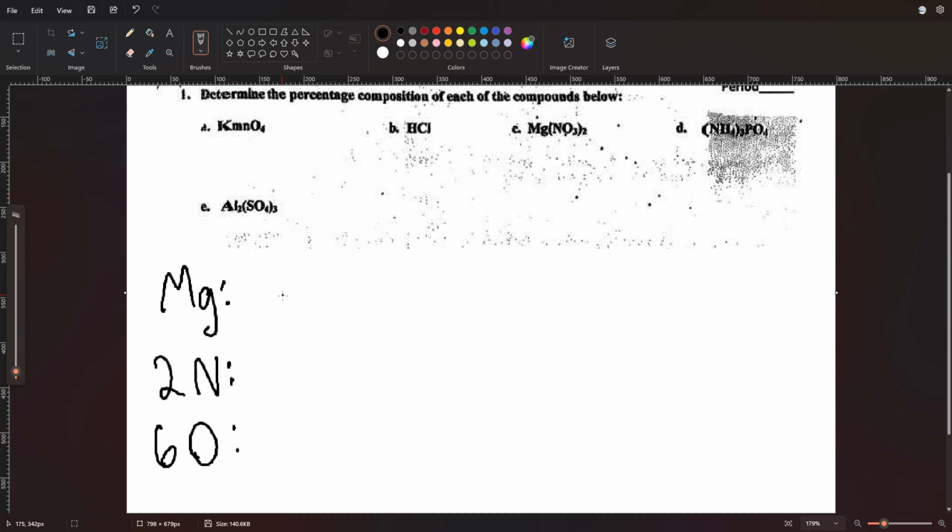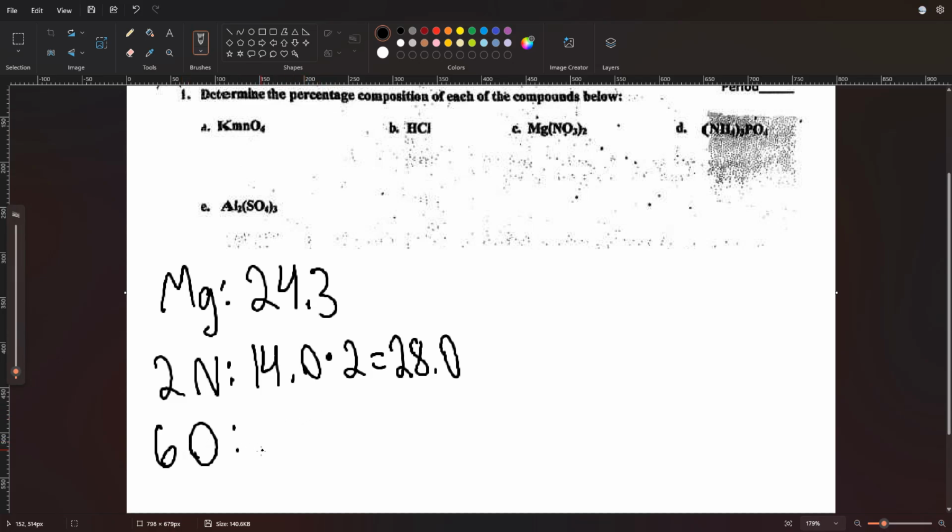So now we're going to reference the periodic table, and we can see that the atomic mass of magnesium is 24.3. And then the atomic mass of one nitrogen is 14.0, and times 2, because we have two nitrogen atoms, so we're going to get 28.0.